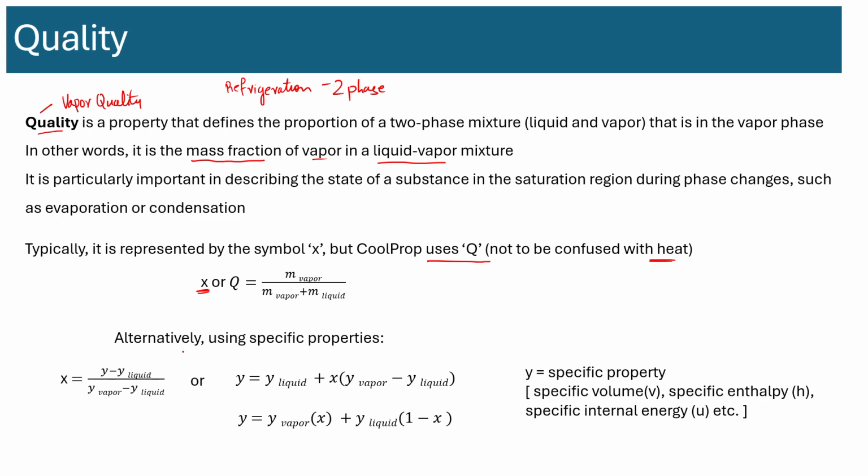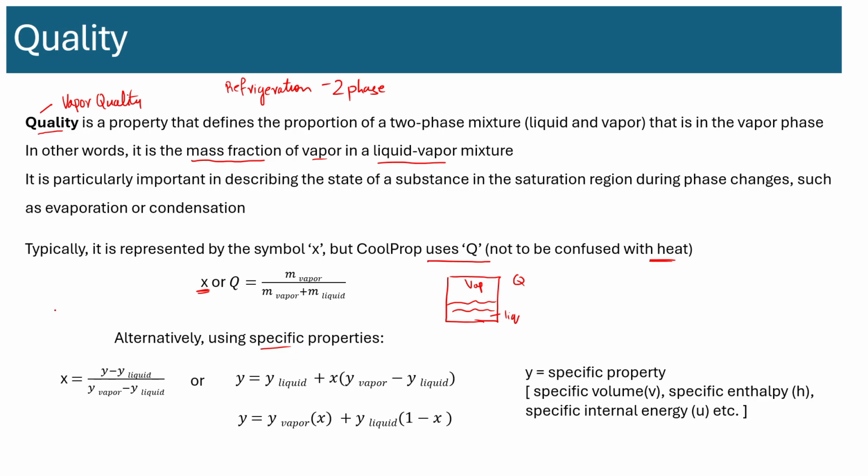And let's say you have a system, okay, and you have a quality Q, and you have vapor phase and liquid phase. Let's say you have certain specific properties.